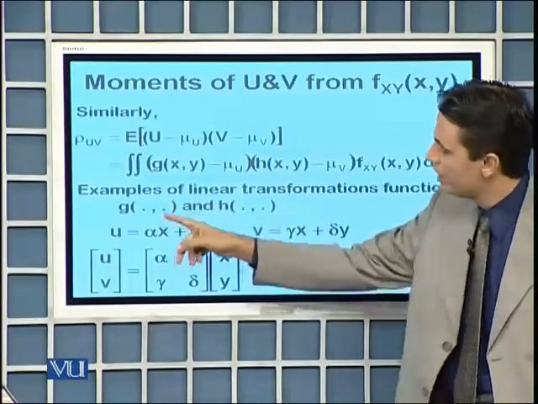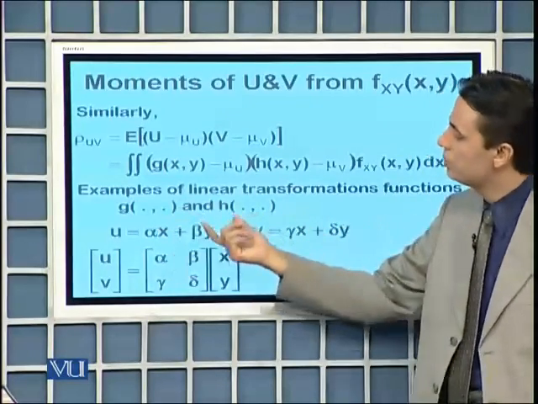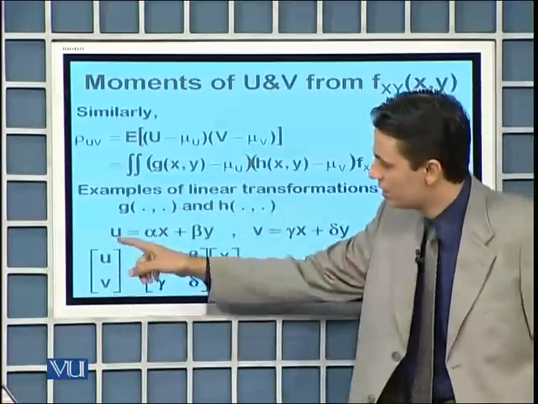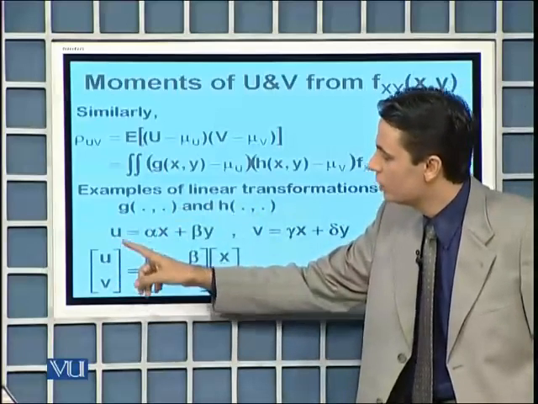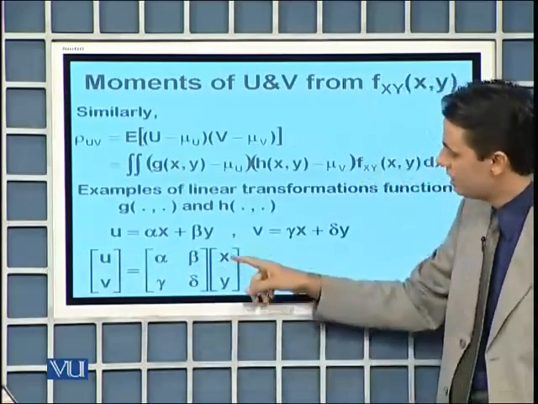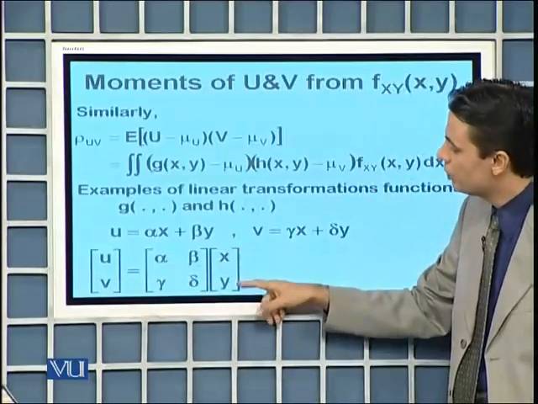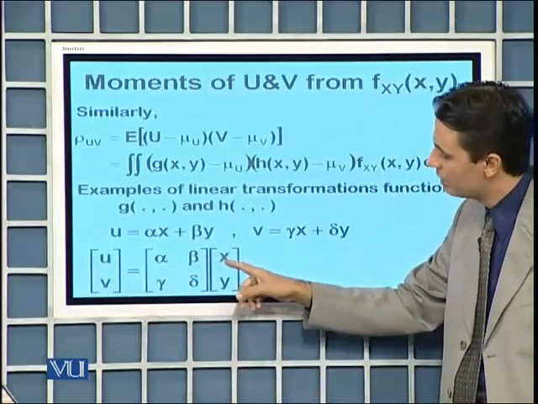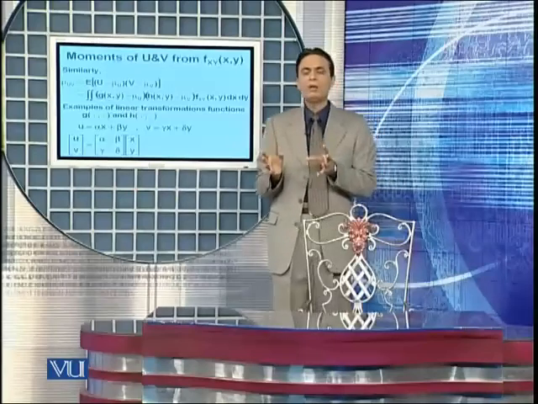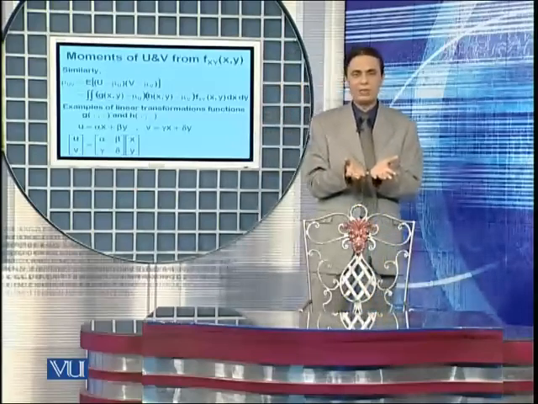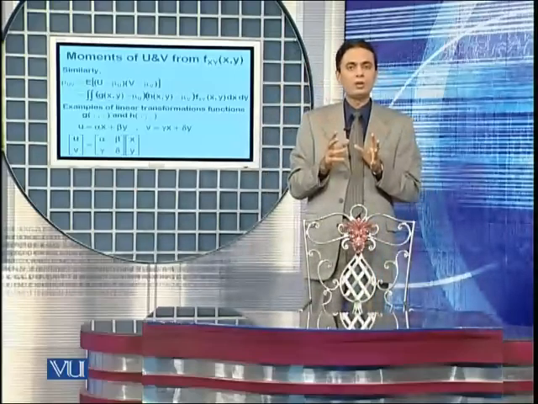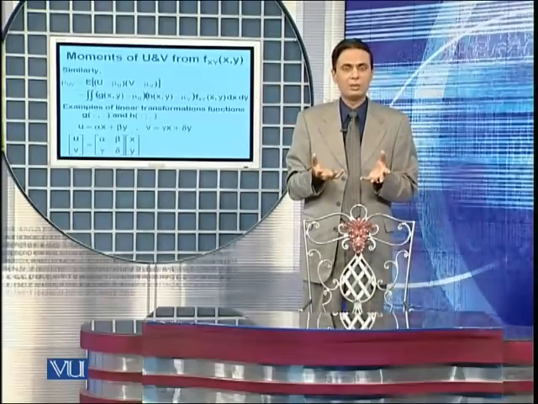For these linear transformations, they can both be compactly written in the matrix form, where this column vector represents the two values of two derived random variables, and this column vector represents two values of underlying random variables, and this is a simple 2 by 2 matrix which takes the pair of values of underlying random variables and transforms this pair to the values of derived random variables.